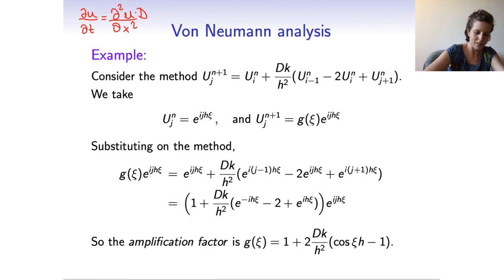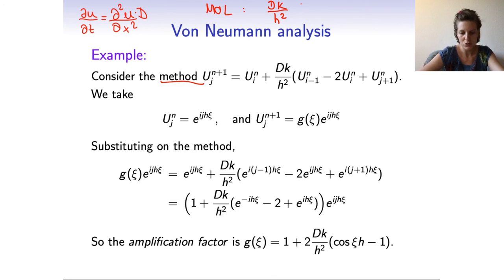So we are considering this space-centered finite difference approximation with forward Euler time integration. From the earlier example that we saw through the method of lines, we got that the stability condition is dk divided by h square should be smaller than 1/2.